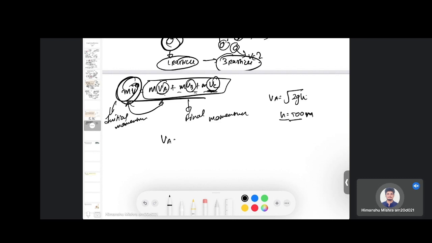So my VA will be root of 2 multiplied by 9.81 multiplied by 500, and I will get VA as 99 meters per second.